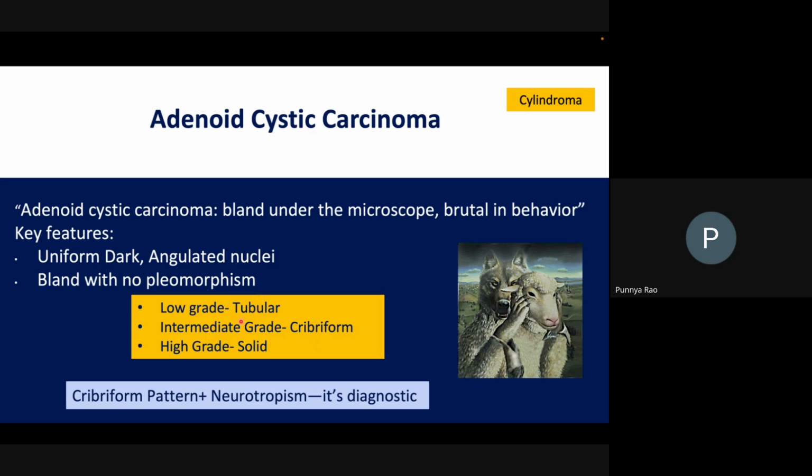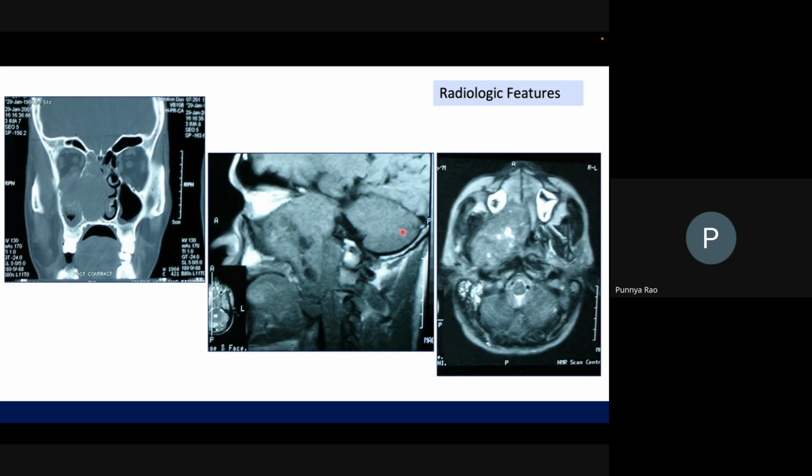It could be tubular, cribriform or solid. Also they have extreme neurotropism, in the sense that they spread to the nerves, with perineural invasion. That is a feature that you need to look for in adenoid cystic carcinoma. Pattern plus neurotropism is diagnostic for adenoid cystic carcinoma.